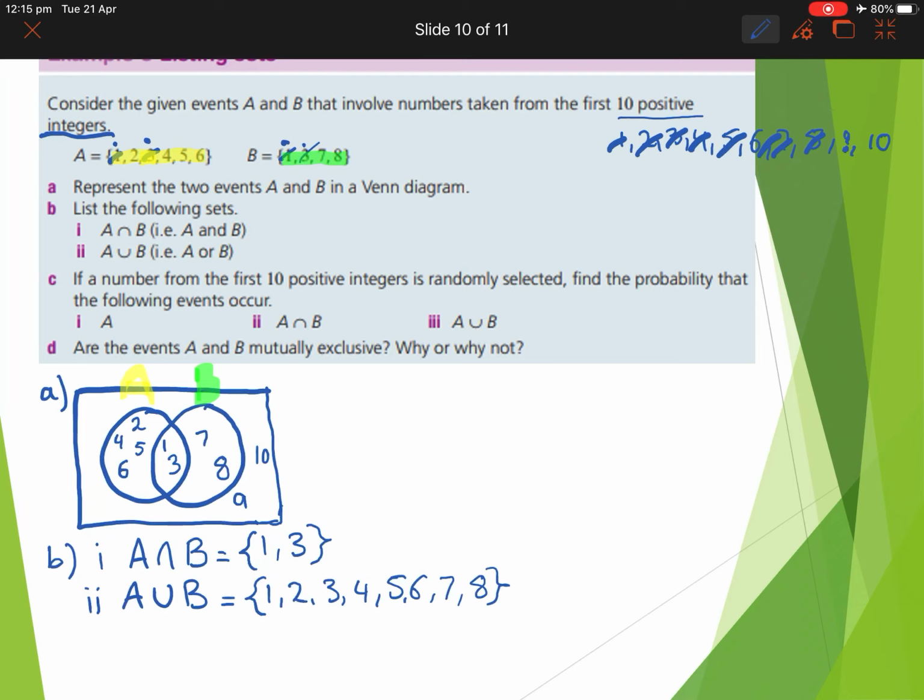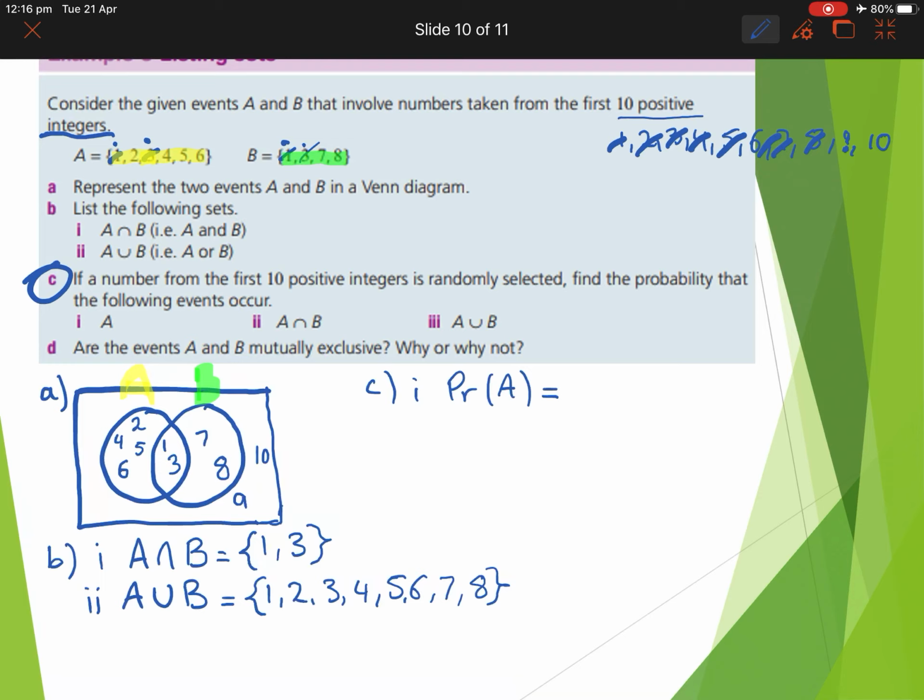Cool. So let's do C. C says, if a number from the first 10 positive integers is randomly selected, find the probability that the following events occur. The first one, we need to find the probability, so we do P(A) equals.